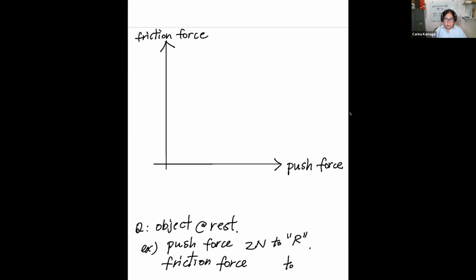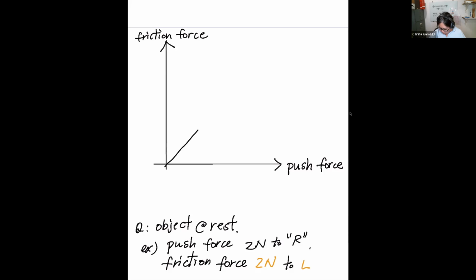If it's not moving and you have a push force of 2 Newton, then you're going to have a 2 Newton friction force. The direction should be to the left, opposite to oppose the exerted force.